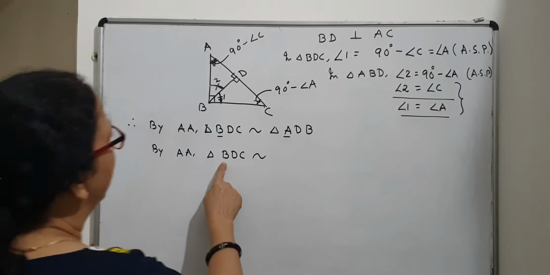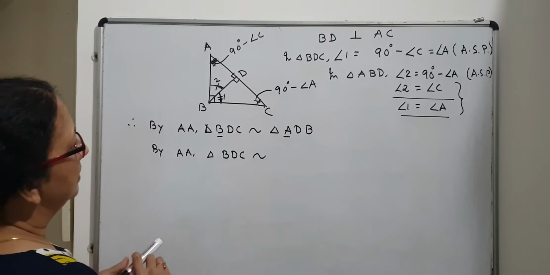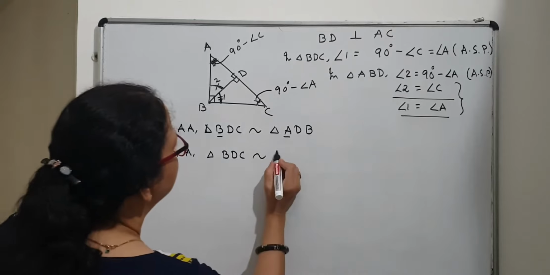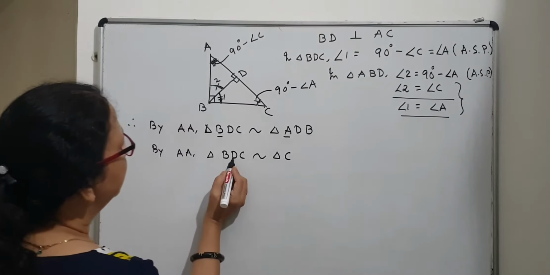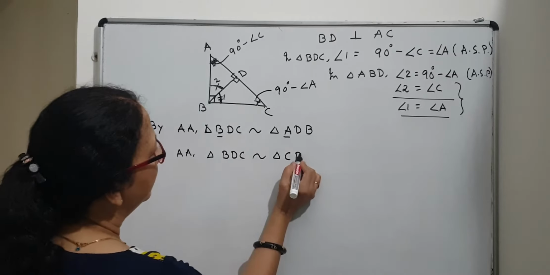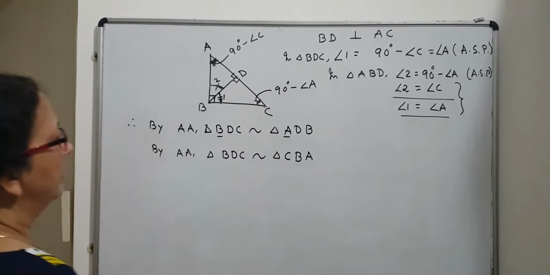So you see, in triangle BDC, this B is equal to C, so I will write C here, and D is 90 degrees, and in the big triangle angle B is 90 degrees, so B, and this C is equal to A. So this is okay.